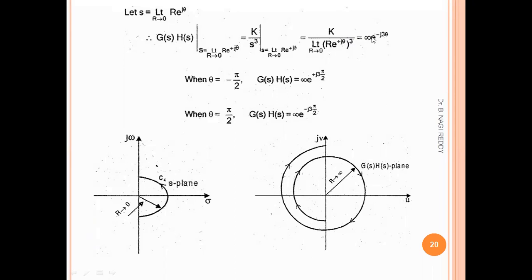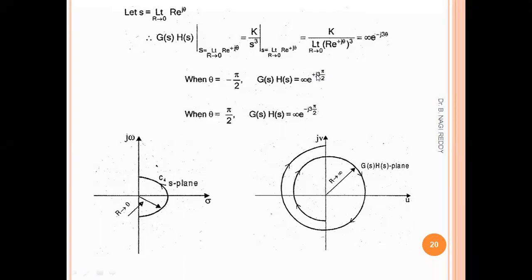If you bring that angle to the numerator, it becomes e^(minus j 3 theta), minus because we shifted this angle from denominator to numerator. And here theta, you can see the C4 curve starts at minus pi by 2 and ends at pi by 2. This is for the S plane, right? So minus pi by 2 to pi by 2. If you substitute minus pi by 2 in theta, we will get minus of minus, plus 3 into pi by 2. 3 into pi by 2 means plus 270 degrees.